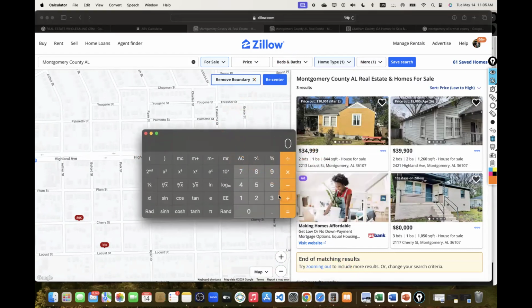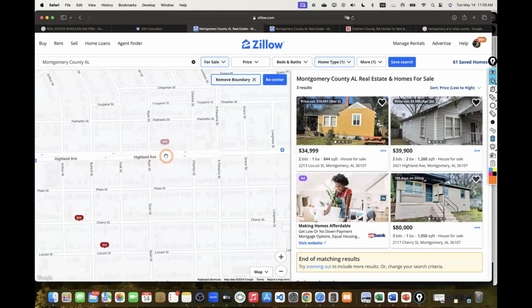So this is going to be minus, what is it, $900? Minus 10%. I can't do simple math. Minus $4,000. You see, I'm all over the place right now. So automatically, that's already a $3,500 price point, just by sitting on this major road.